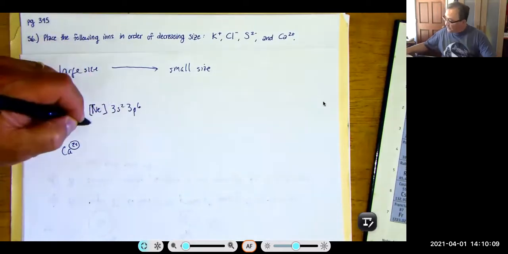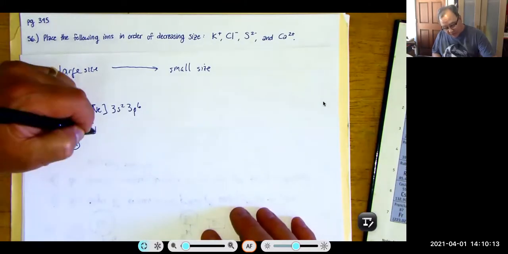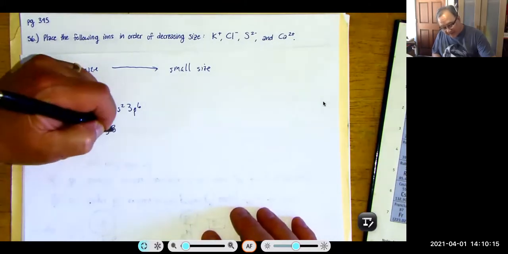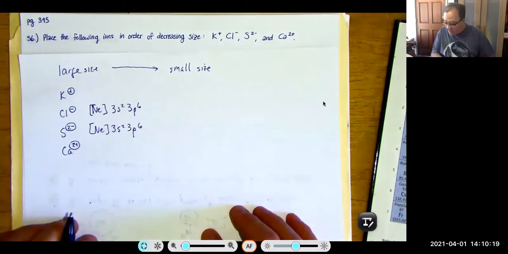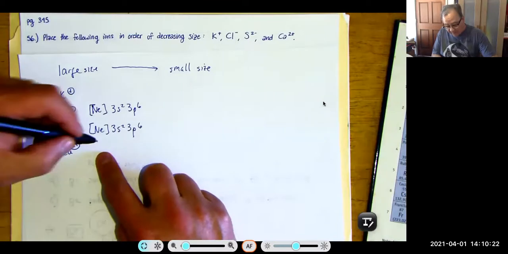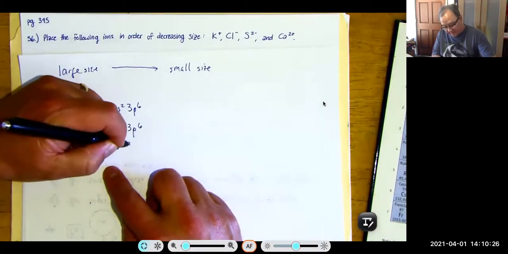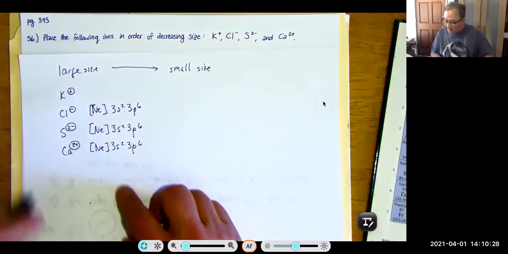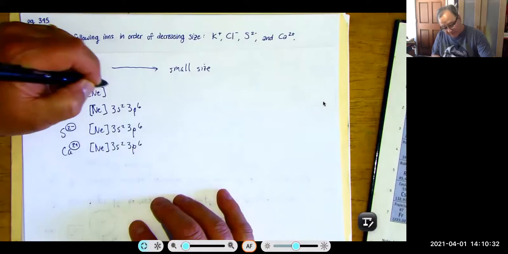Now, sulfur is in the same period as chloride, so it is also going to have the same electron configuration. Now, calcium ion will also have the same electron configuration. Now, what about potassium ion? It also has the same electron configuration.